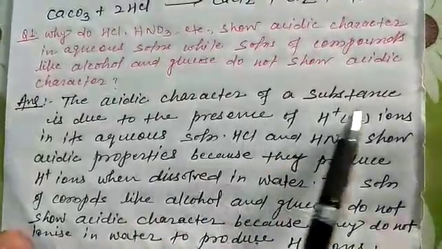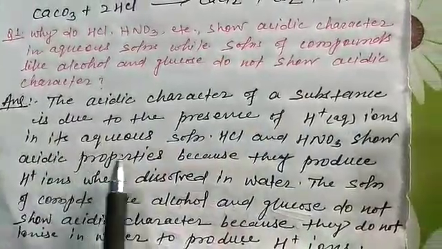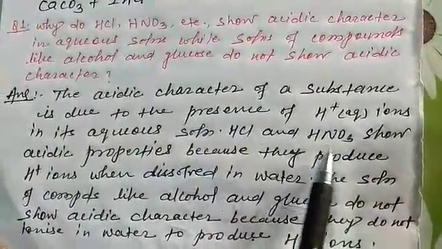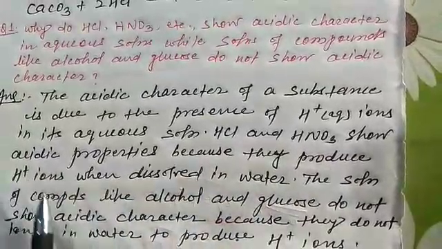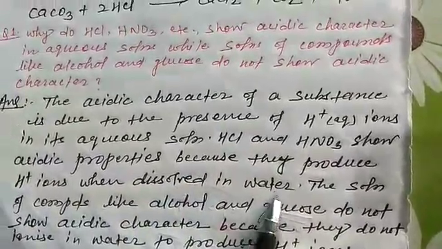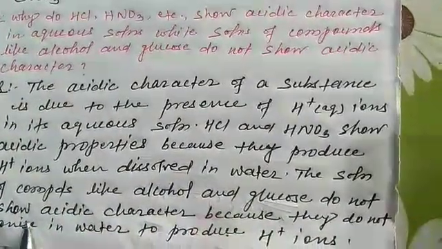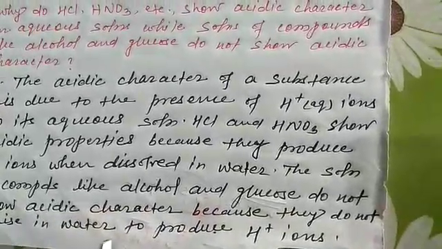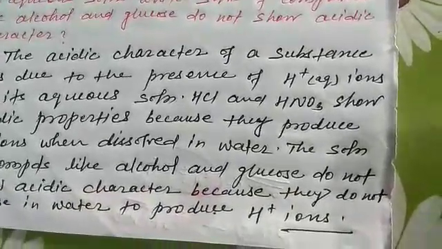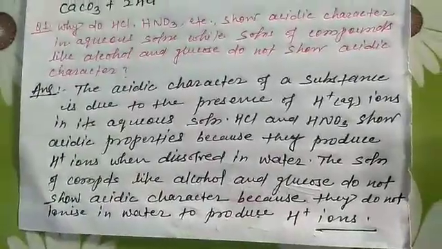The acidic character of a substance is due to the presence of H plus aqueous ions in its aqueous solution. Alcohol and glucose do not ionize in water to produce H plus ions, so they do not show acidic character.